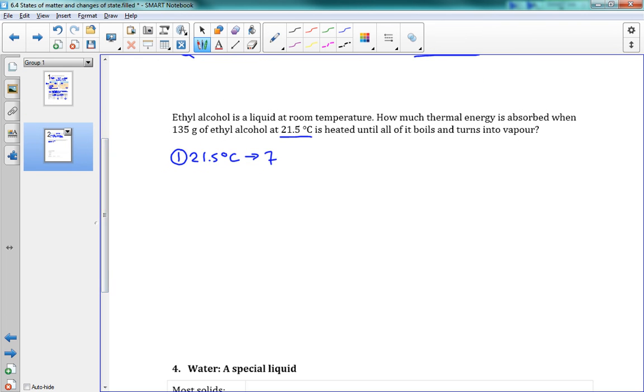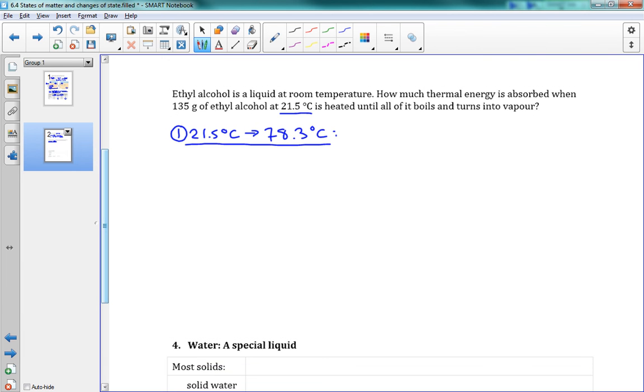So we go to 78.3 degrees Celsius. This is our first step, step 1: this is what we learned yesterday in the previous lesson. So this is Q equals m c delta T. We're changing temperatures here, and we need the specific heat capacity for ethyl alcohol. This is where a formula sheet is definitely going to come in handy. I am not going to look it up right now; I'm just going to use the number that I have here.